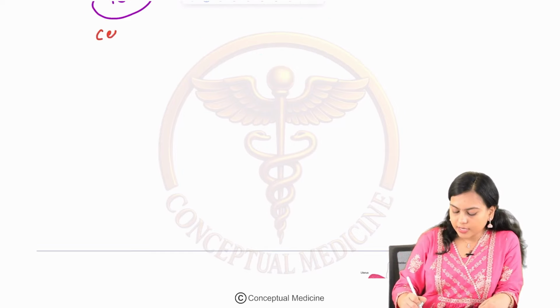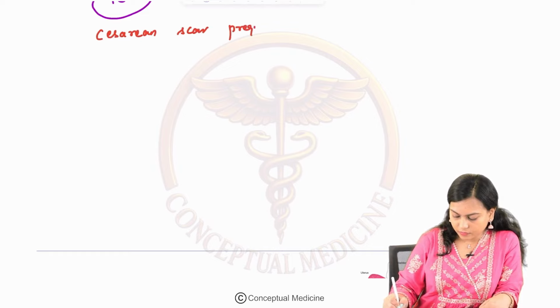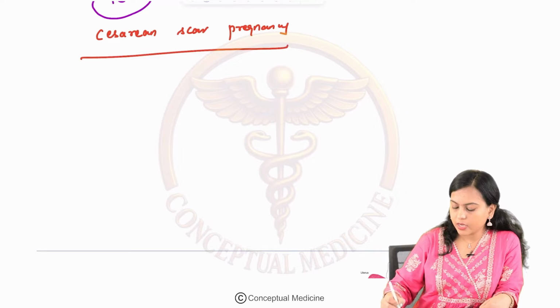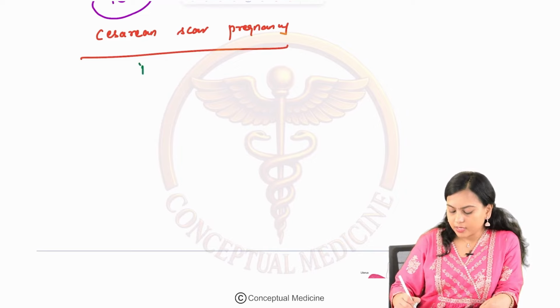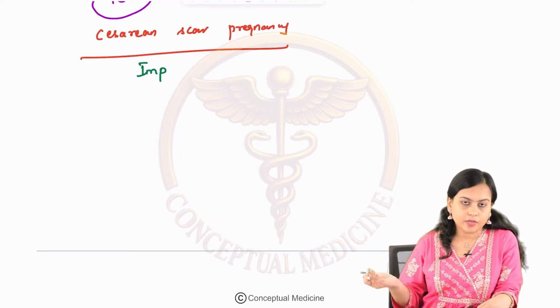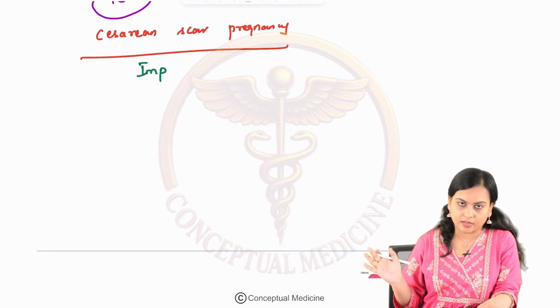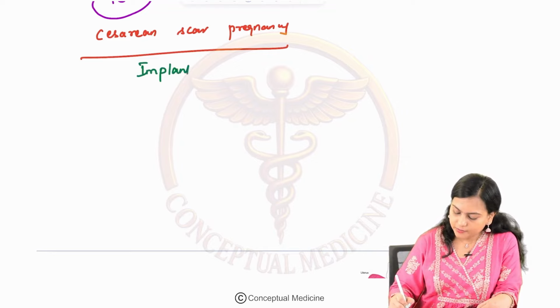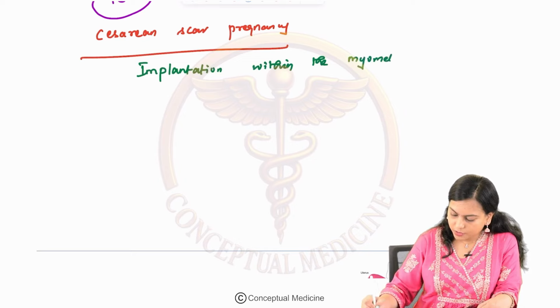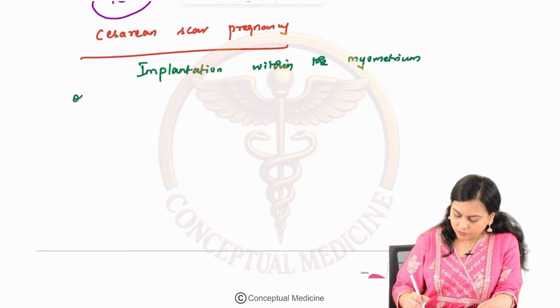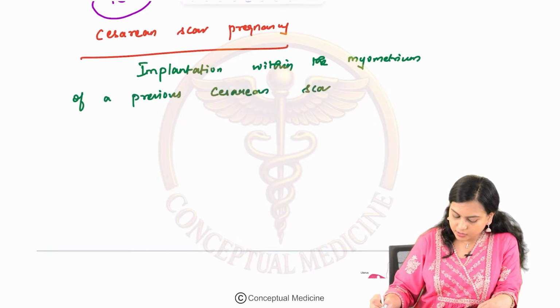Next we will see about cesarean scar pregnancy. Here what is happening is the implantation is happening in the myometrium of the previous cesarean section scar. So, implantation within the myometrium of a previous cesarean scar.